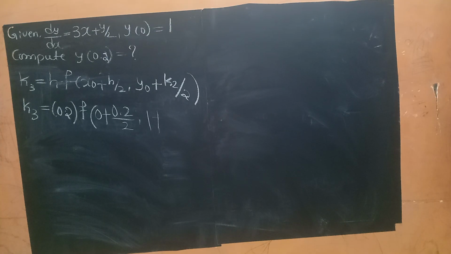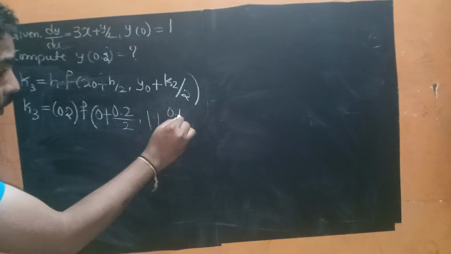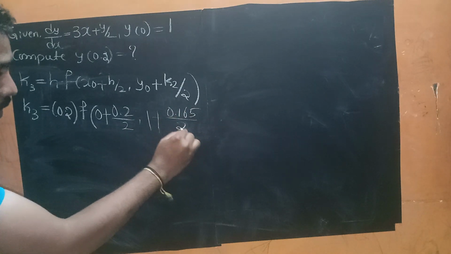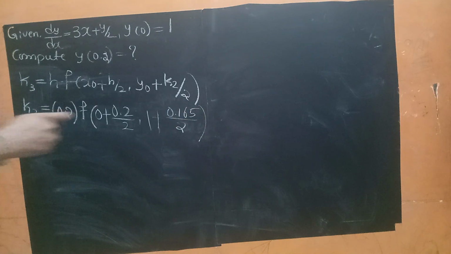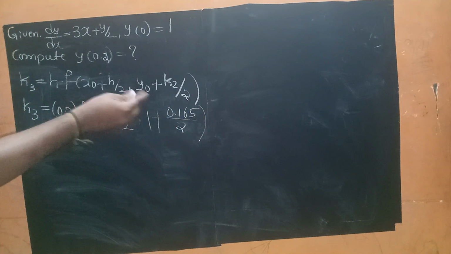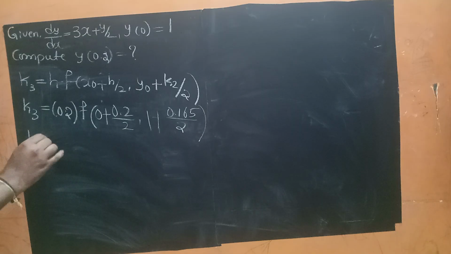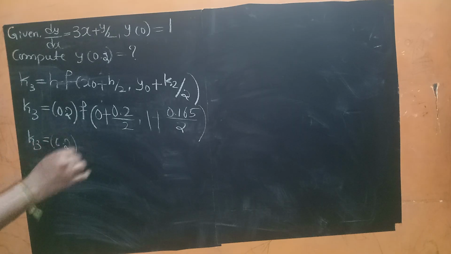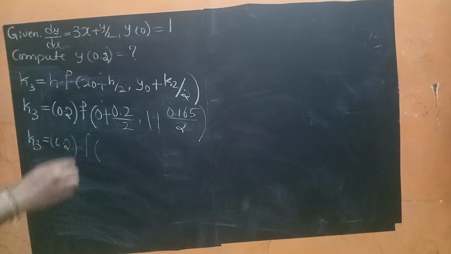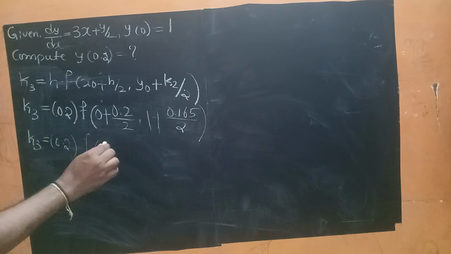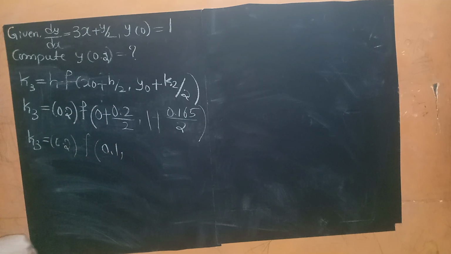Then K2 we find it as 0.165, 0.165 divided by 2. So if we simplify these two, we will have x and y values. So K3 equal to 0.2 f of, this again 0.2 by 2 is 0.1, comma 1 plus 0.165 by 2.